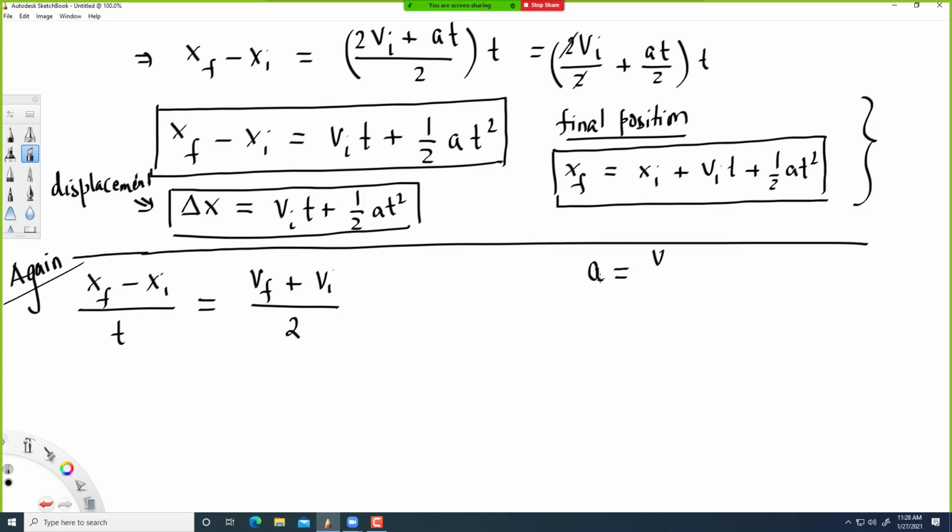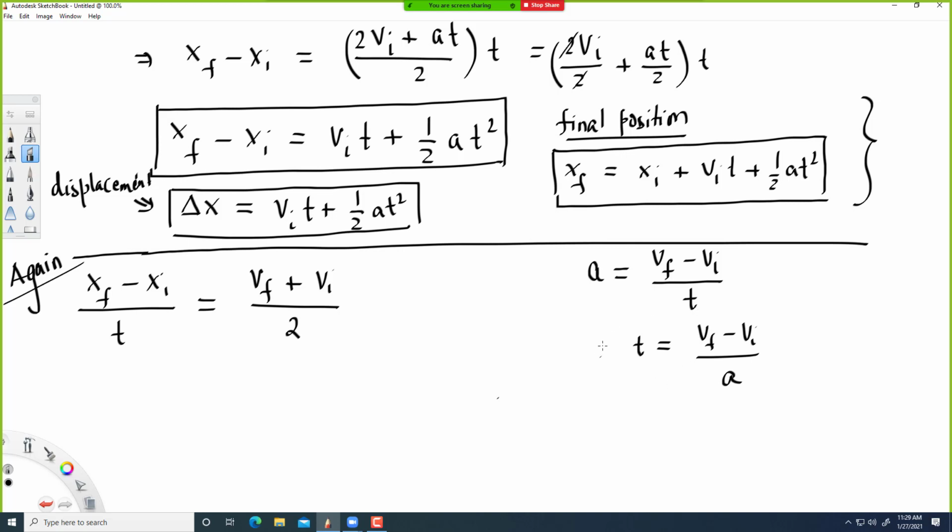Definition of acceleration is change in velocity over time. We can do the cross multiplication. I can take this t on the top here and a on the bottom. That's the simple math you can do.